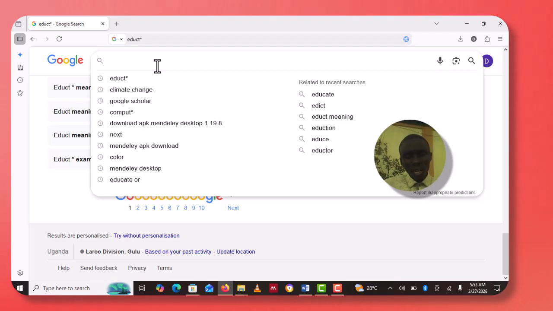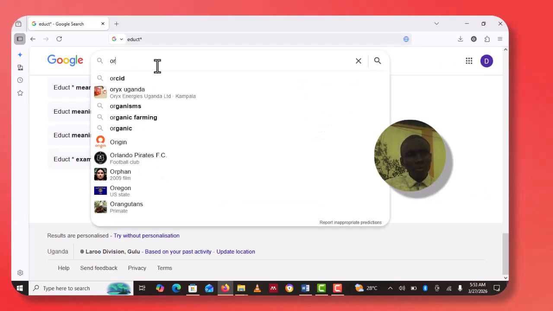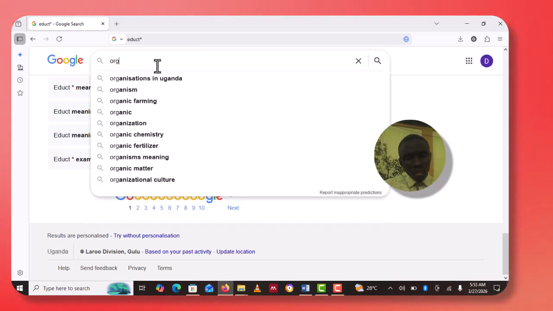Let me pick organize. Let me say organization. In British writing they use S, then the Americans use Z. So we do not know which one to use here.